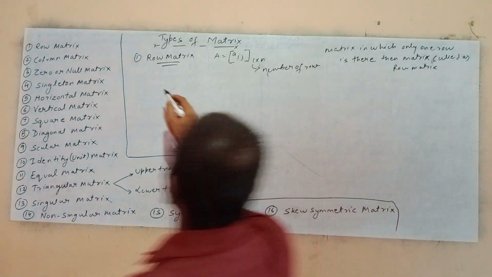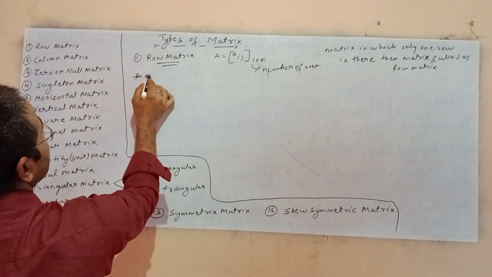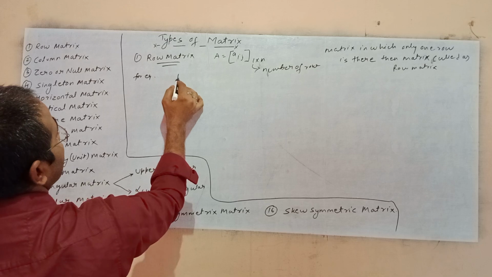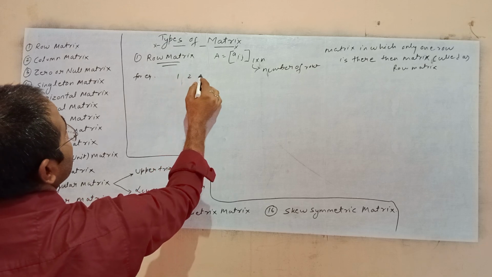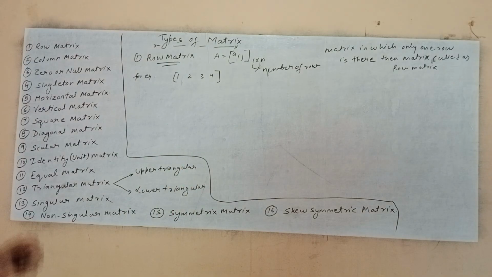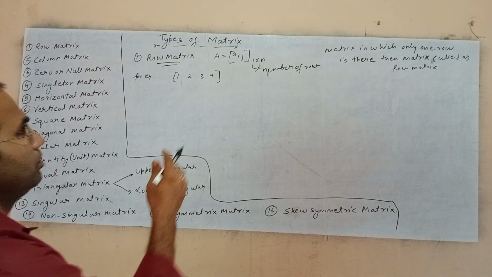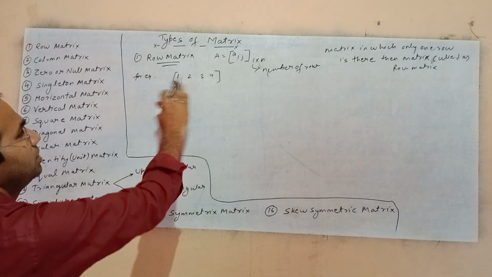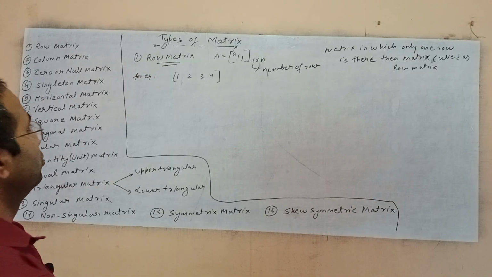For example, suppose 1 2 3 4. See, in this only one row is there and the columns may be different. So only one row is there, and the matrix is called a row matrix.